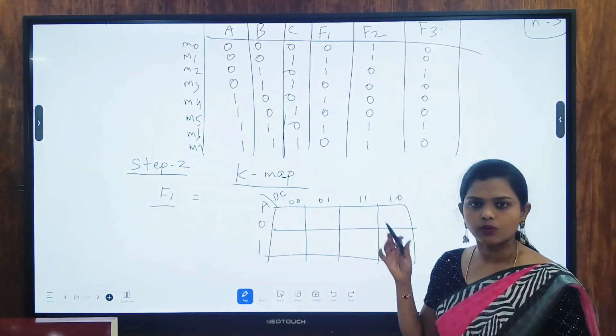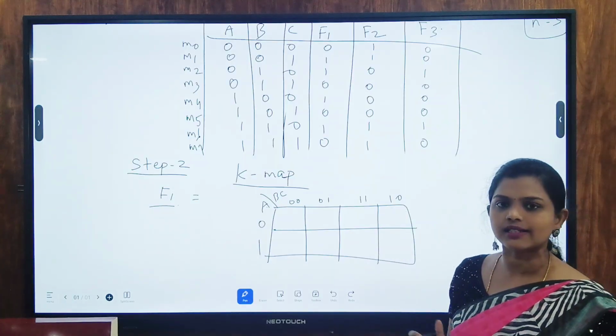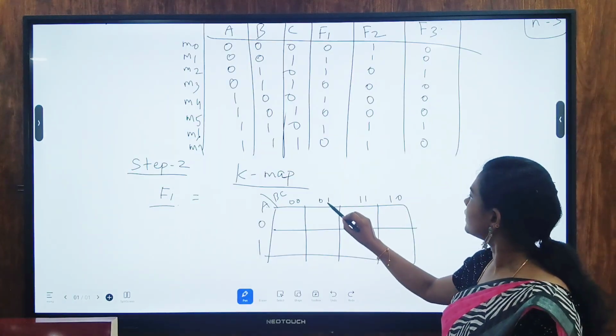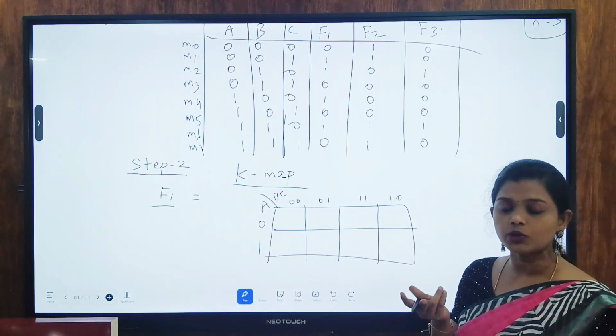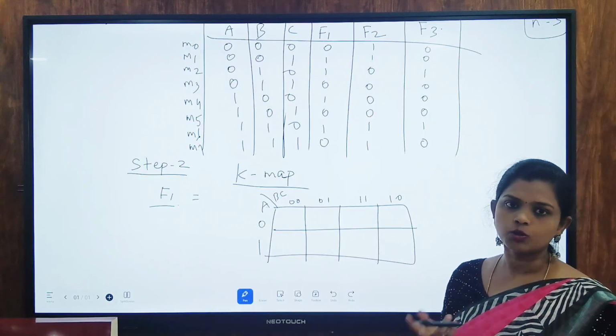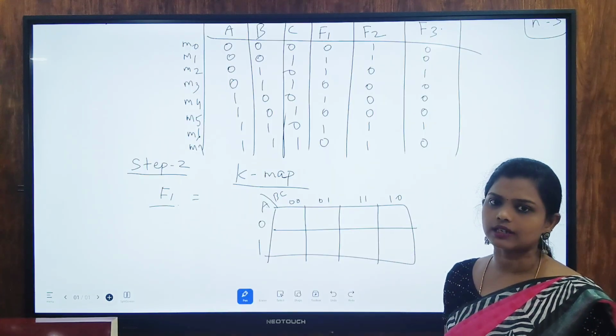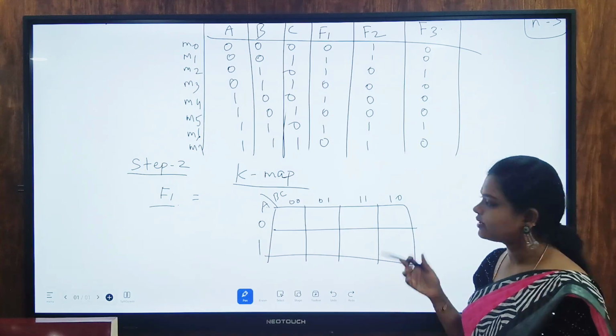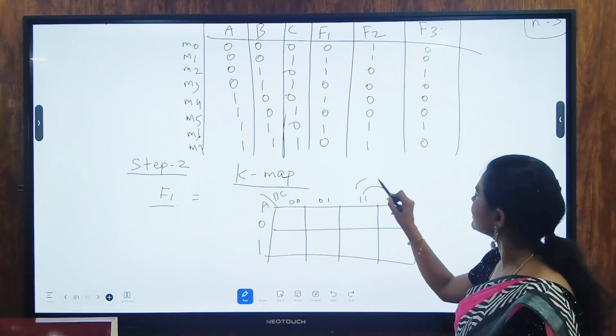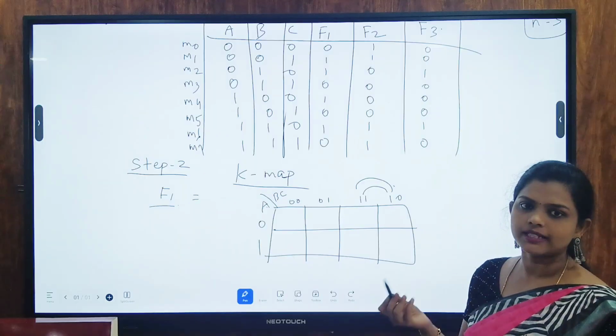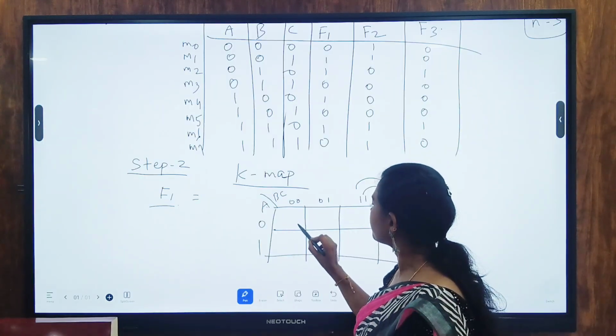Usually we write 1 0 and then 1 1, but for the K-map, this is the basic structure. If you put 0 1 and after that 1 0, a 2-bit change occurs at the same time, which is not correct and valid. That's why we interchange these two to make a single bit change. Now we can plot it on the K-map.